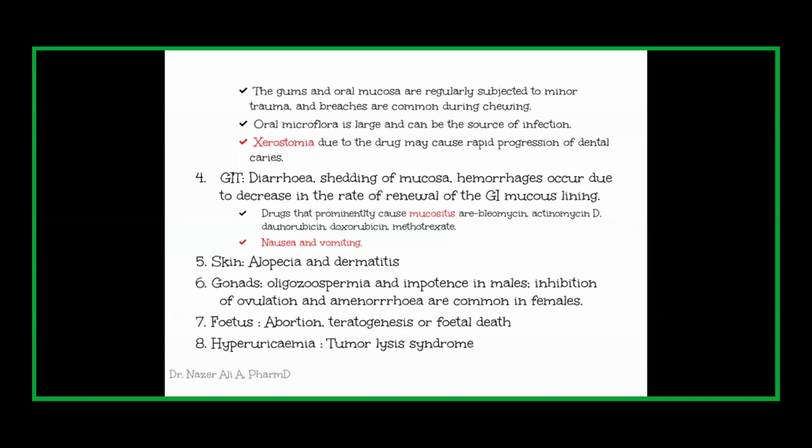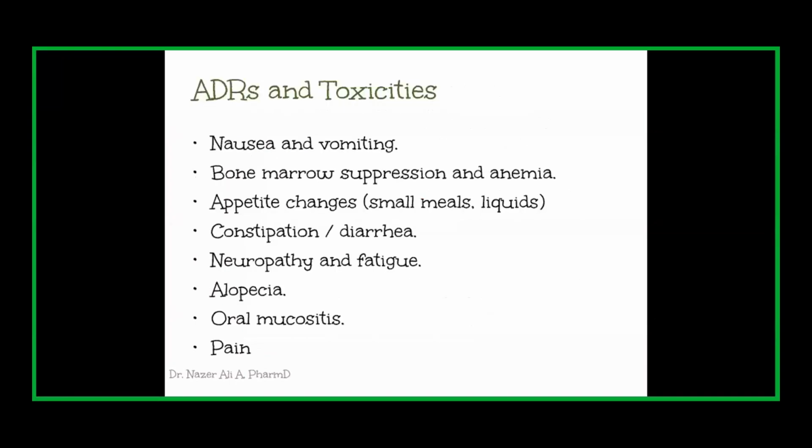And I told you about the handling and compounding. If that personnel is pregnant or about to become pregnant, they should not be encouraged to practice chemo handling. For the fetus, it may abort or even cause teratogenesis and fetal death. And there is something called tumor lysis syndrome.